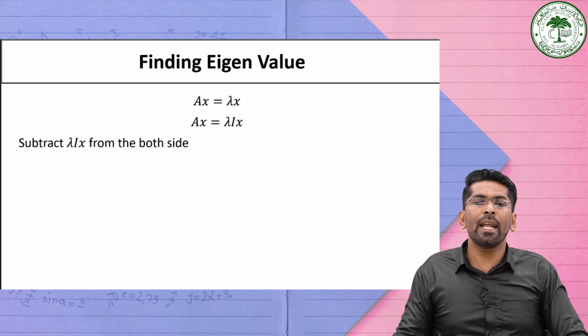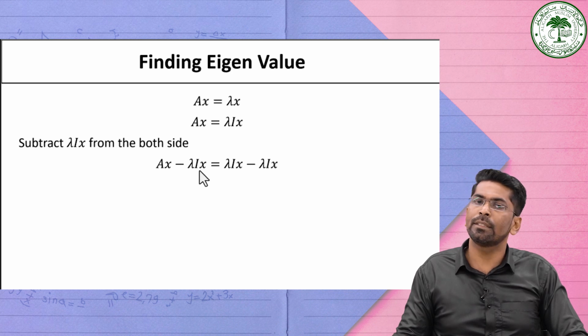Now we can subtract lambda into identity matrix into x from both sides of the above equation. Then it will become Ax minus lambda I into x, which is equal to lambda I x minus lambda I x. If you simplify it, this cancels out because we have a plus and minus sign, so it becomes 0.